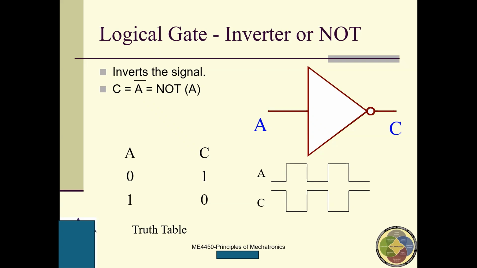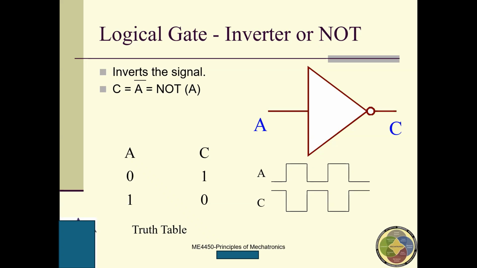In the timing diagram you can see this is the time t, and for simplicity, I just eliminate this. In this direction it's the time, and it shows how A is changing as time goes. So I have A, and I can just plot C here. In our first exam, I'm going to show you if I put in some gates and give you the time history of the inputs.